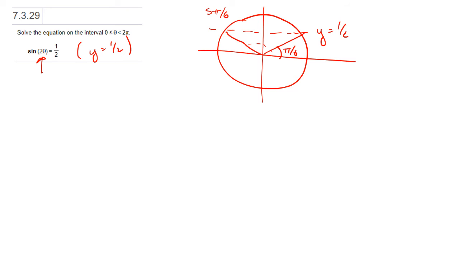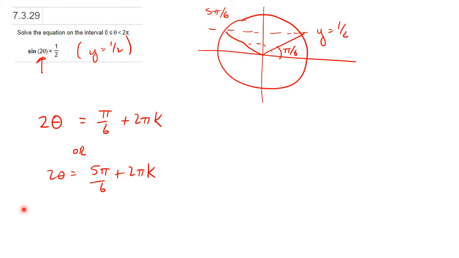That's what we are taking the sine of in this expression, which means that angle can be pi over 6 plus 2 pi times any integer, or that angle can be 5 pi over 6 plus 2 pi times any integer. And now, this is a really common point of confusion, but I am not taking the sine of theta.